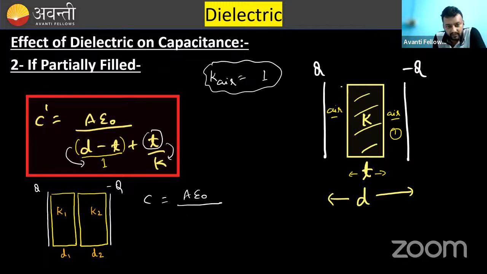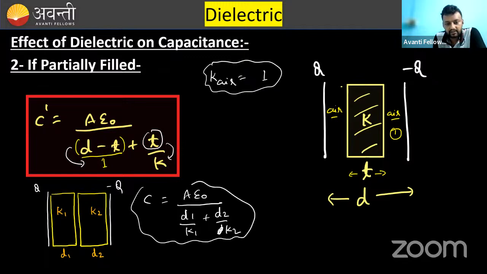So the thickness of the medium is D1 divided by K1 plus D2 divided by K2. Can you write it this way? If there are three dielectrics, then you can write D1 by K1, D2 by K2, and D3 by K3.